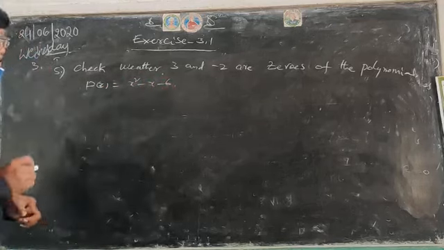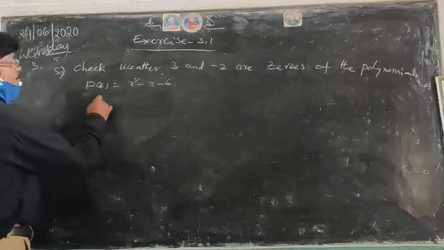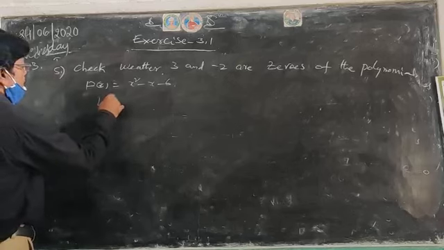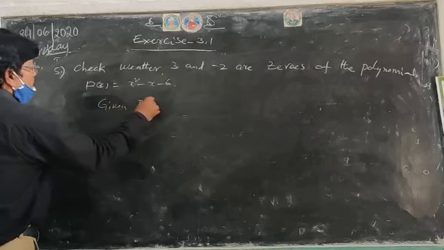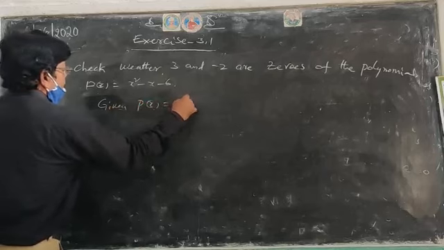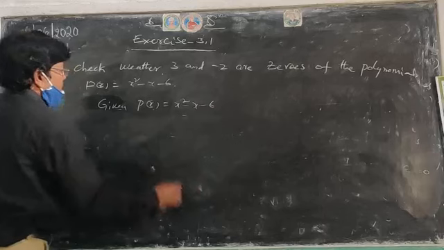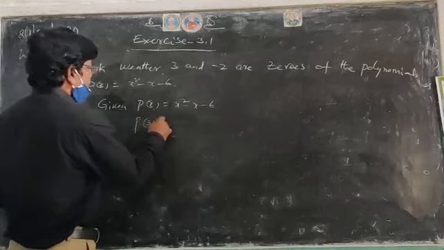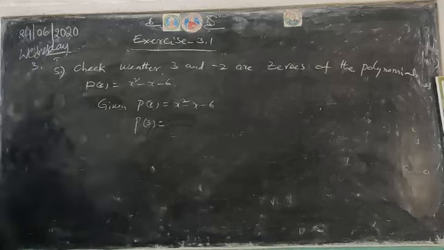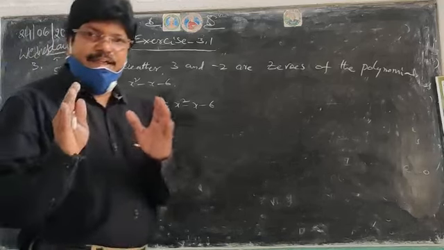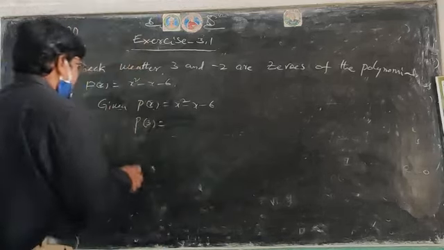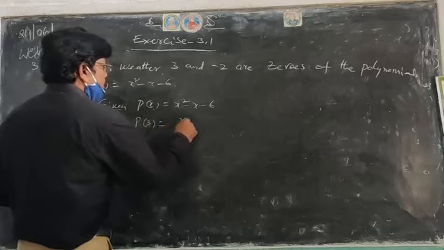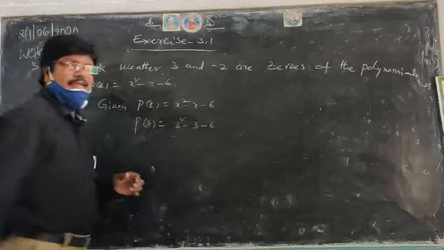Let's check. Given P of x equal to x square minus x minus 6. P of 3 equal to, substitute 3 instead of x: 3 square minus 3 minus 6.